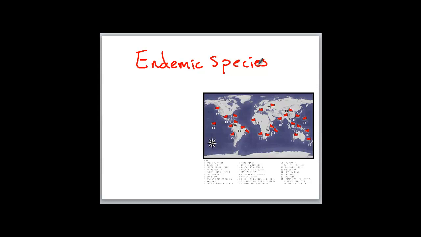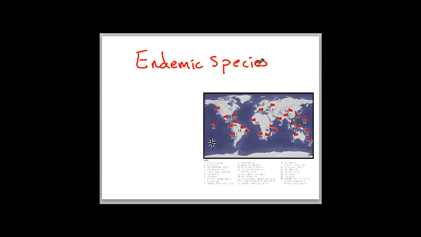So they live in a small area and nowhere else in the world, and they're given the name endemic. These particular hotspots are very important because of their high number of endemic species. One of the great examples is the Hawaiian Islands, where you have certain species that live nowhere else. And so therefore, in order to protect biodiversity, you've got to protect those islands.